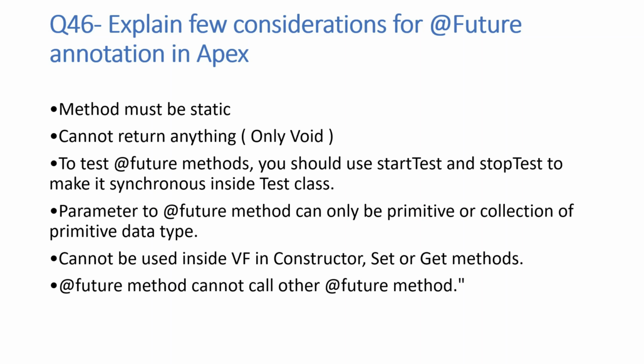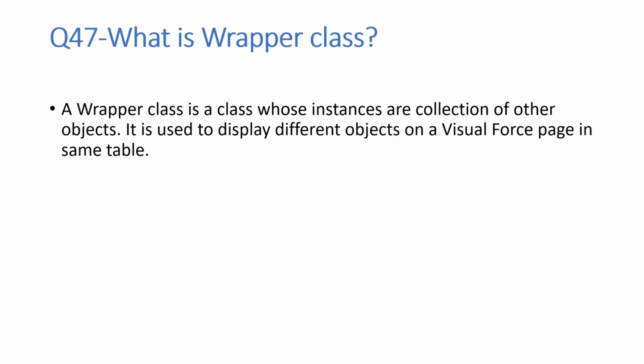Parameters to a future method can only be primitive or a collection of primitive data types. It cannot be used inside Visualforce constructor, set, or get methods. A future method cannot call any other future method.